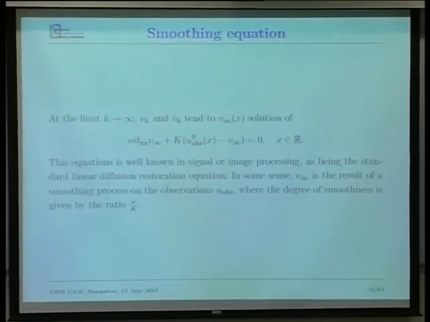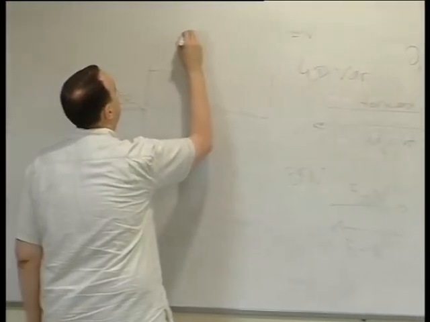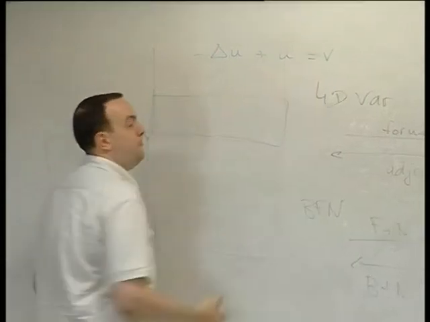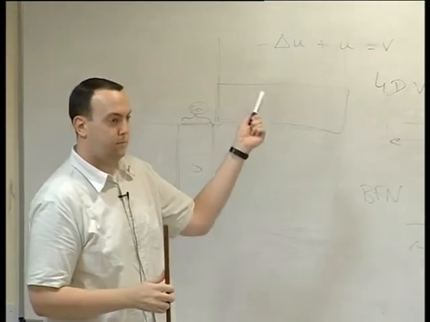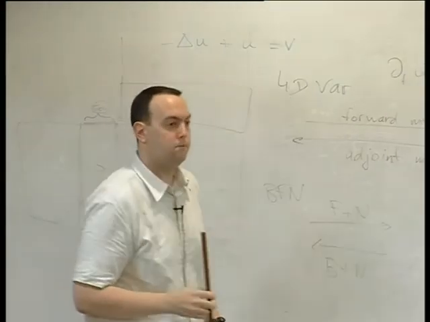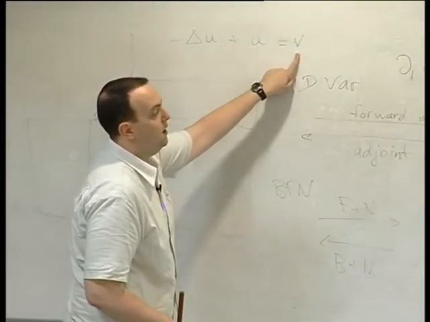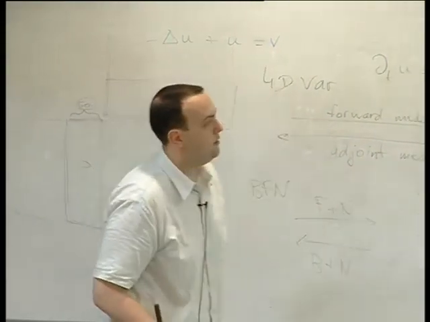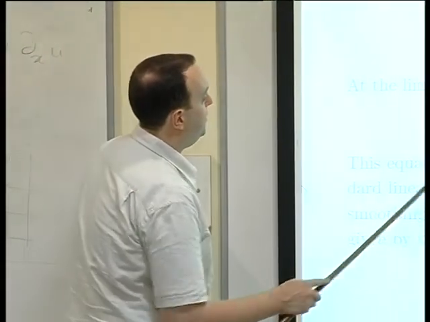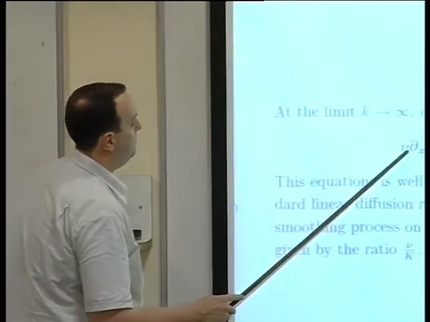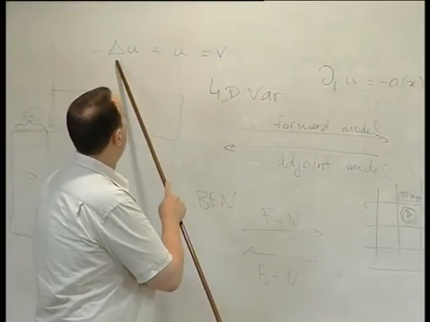When you have a noisy image V, you can solve this equation, and then what you get, U, is a smooth image close to V. So you simply regularize the solution V with the Laplacian operator. So here it's the same. You have the coefficient nu over k, which is the degree of smoothing of your operator.